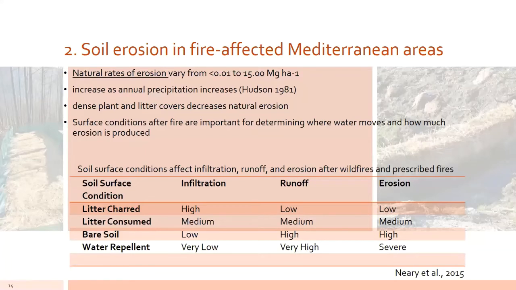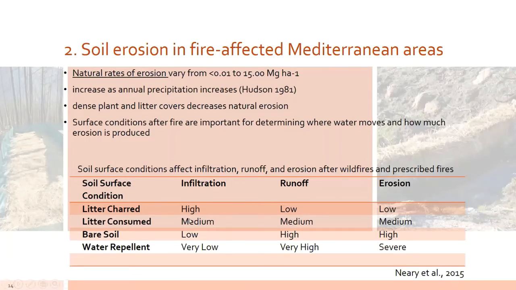Of course, this rate of erosion increases with increasing annual precipitation, but erosion can also vary with the variation of plant coverage or vegetation coverage, which can be very influential in the occurrence of erosion.